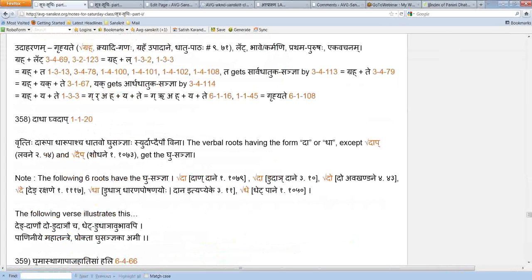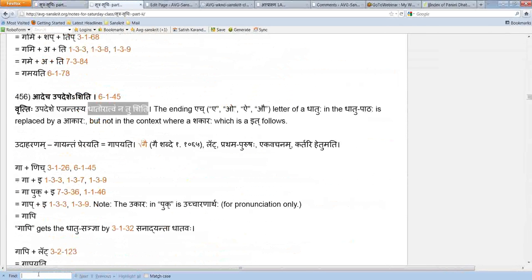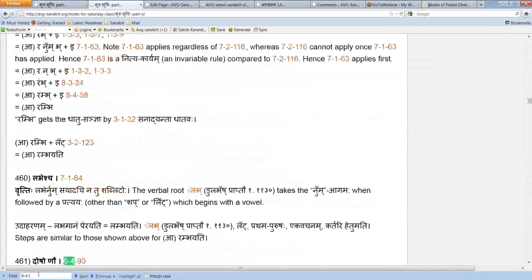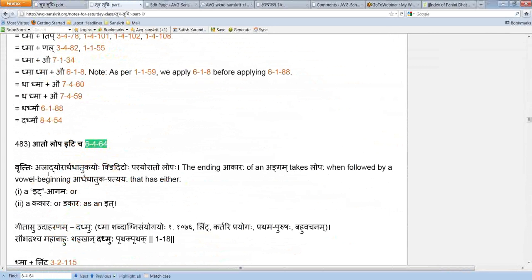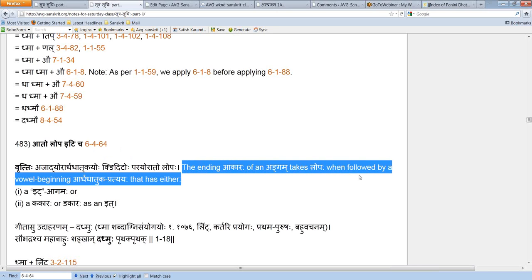And it's nothing new, it's the old sutram that we have studied. Ato lopa iticha says ajadyor ardhadhatukayoho kinititoho. It should be kitnit or have idagamaha. The ending akara, alontyasya, the angam takes lopa, followed by a pratyaya which is ardhadhatukam, which begins with a vowel, either as kitnit or as idagamaha.